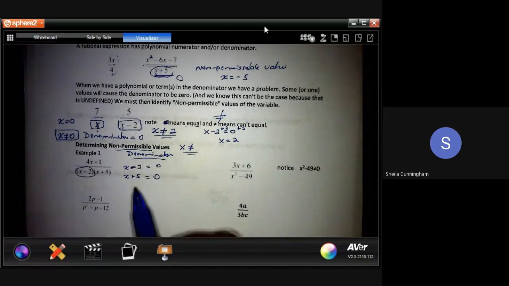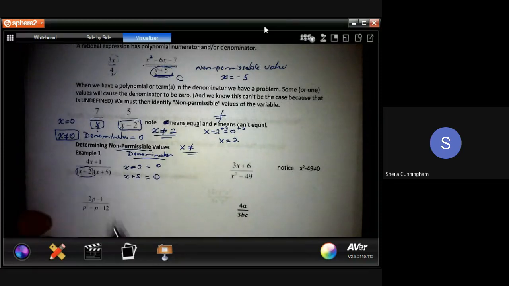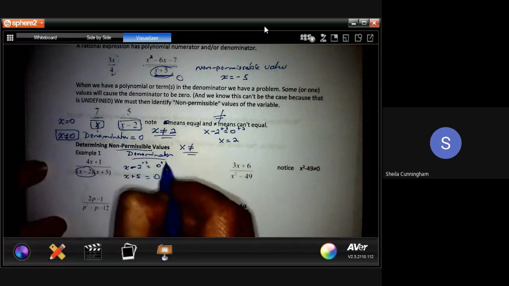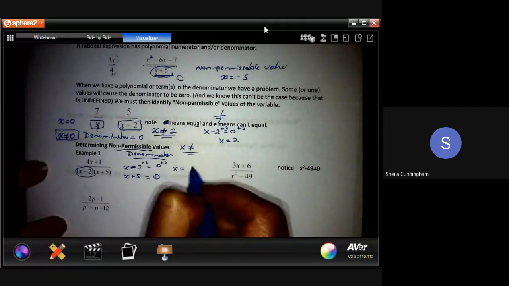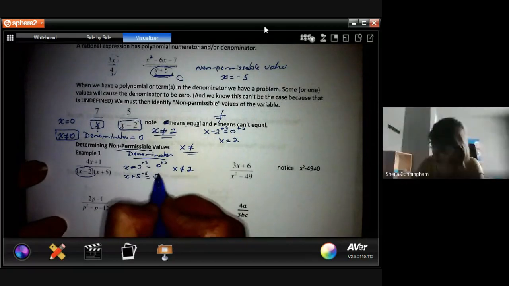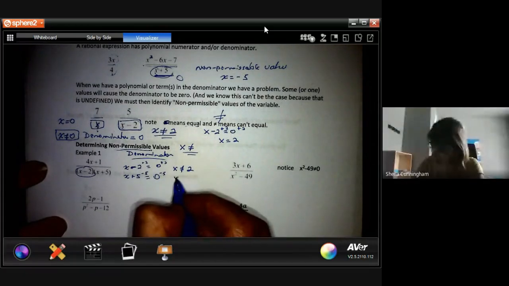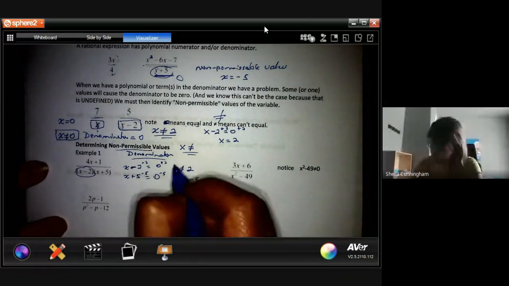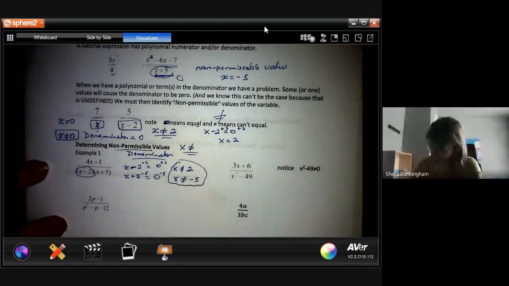So I have the potential of 2 values for x that could zero out the denominator. In this case, if I add the 2 over, I get x can't equal positive 2. And in this case, I subtract the 5 over, and I get x can't equal negative 5. So I end up having 2 non-permissible values in that situation.